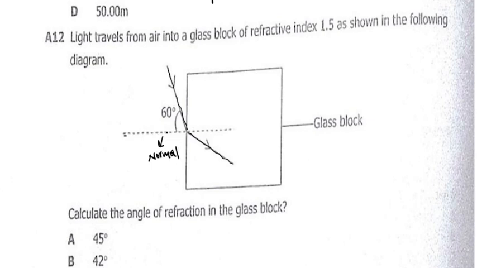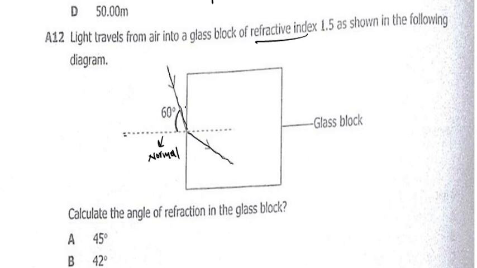The angle between the normal line and the incident ray is called the angle of incidence. Then the angle between the normal and the refracted ray is called the angle of refraction. So how do you find the angle of refraction given the refractive index and the angle of incidence?